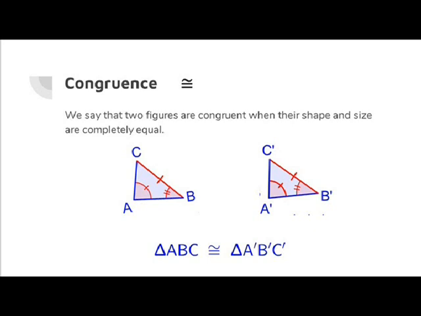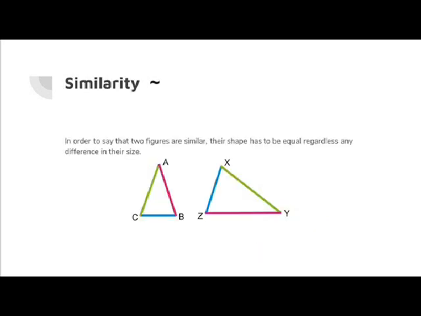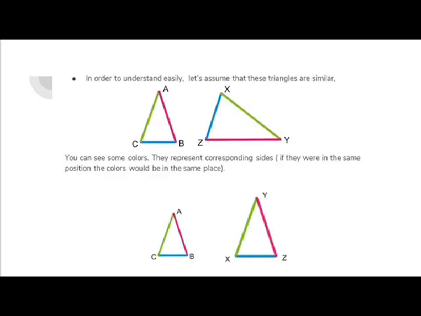Another important topic is similarity. Its symbol is like a small wave. In order to say that two figures are similar, their shapes have to be equal, regardless of any difference in their size. So we now have triangles ABC and XYZ, and they are similar.